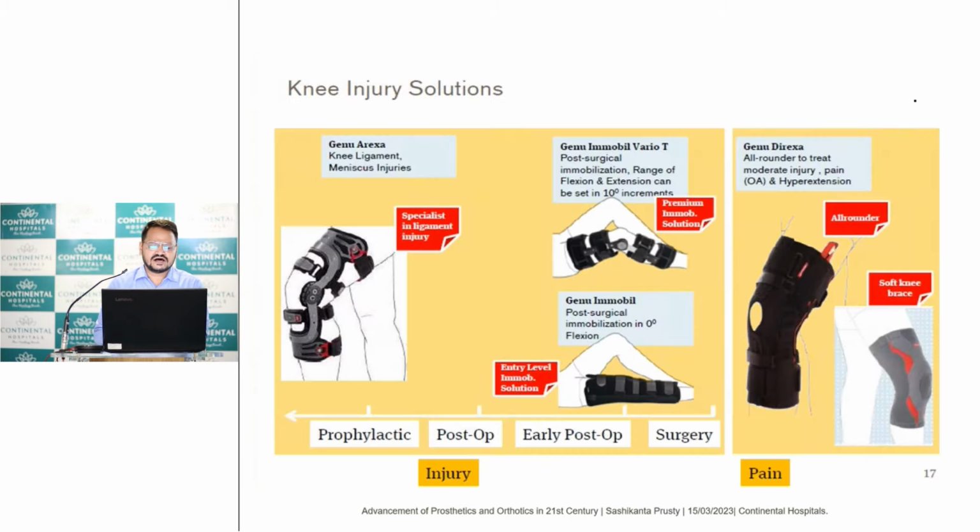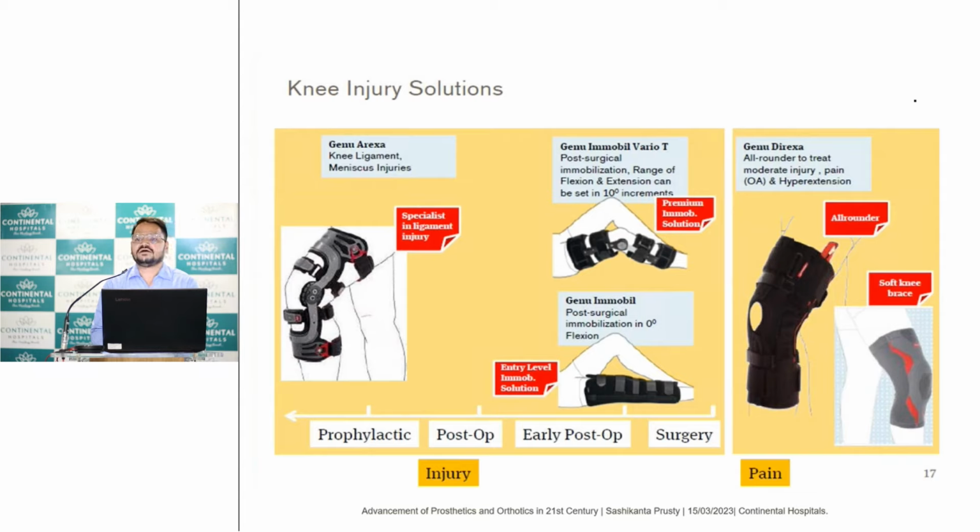For knee injuries, we now have very specific knee braces available for conditions where there is a reconstruction of ligaments, early OA, or OA where surgery is not indicated. We can suggest different kinds of braces depending on the condition.